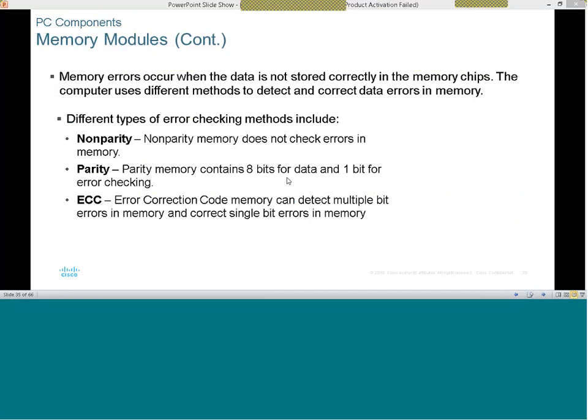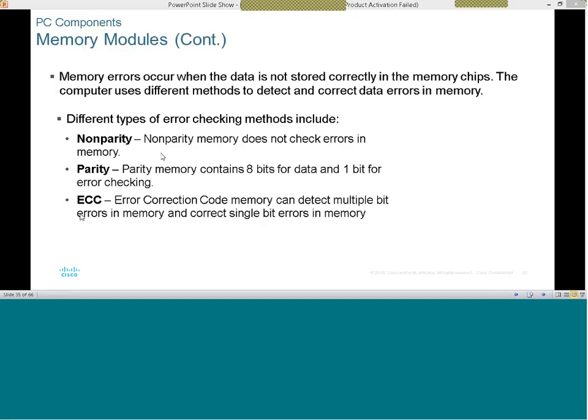And parity memory contains 8 bits for data and 1 bit for error checking. So if it's the parity type of memory, one of the bits helps check for error. And then the error correction code memory can detect multiple bit errors in memory and correct single bit errors in memory.